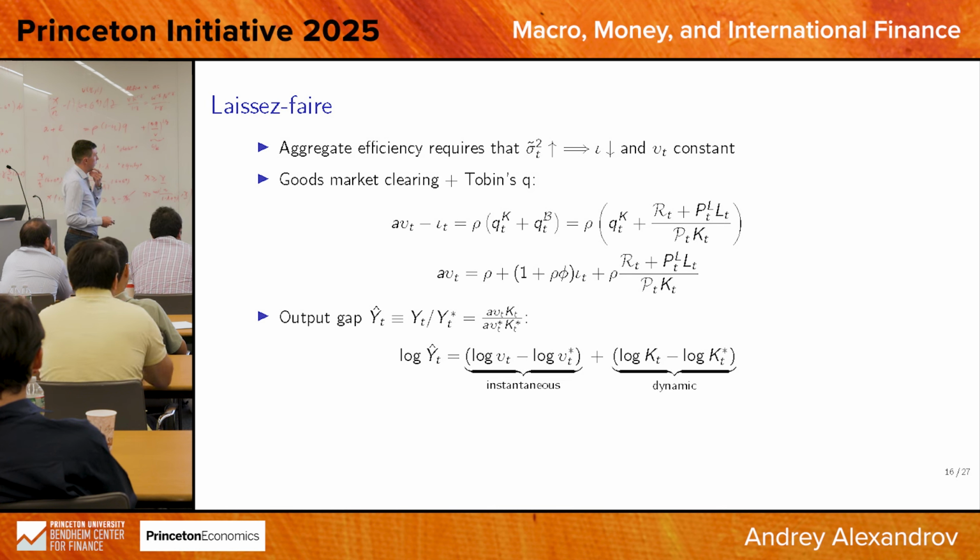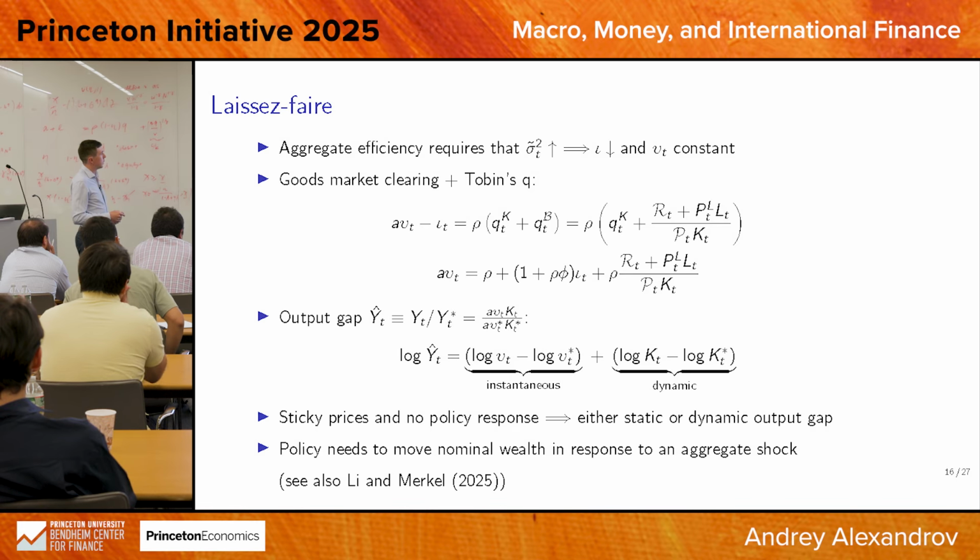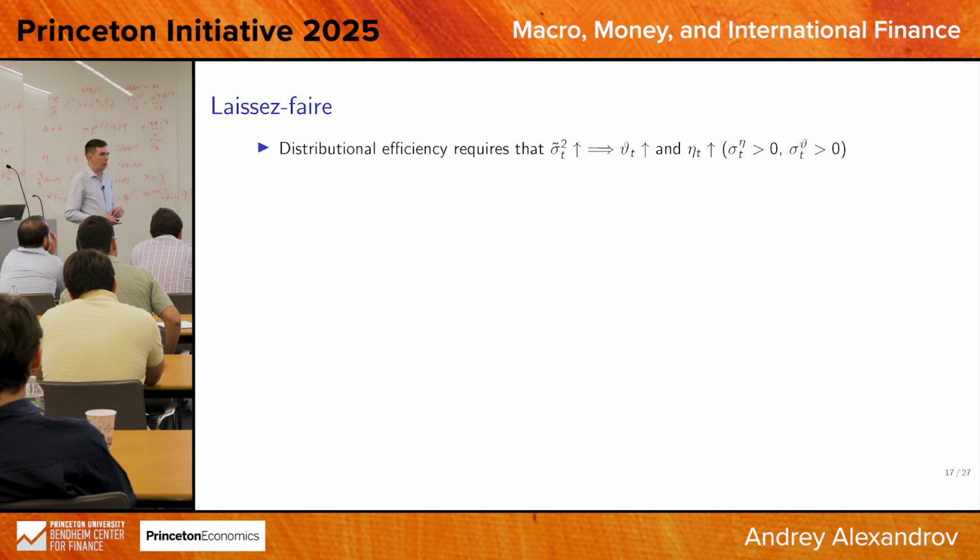And that's basically the same thing that I said in words, written out on the slide. And then what the policy needs to do, the hint that we get from here, is that if we want to achieve the efficient allocation, our policy needs to move this nominal wealth in response to a shock. It needs to move it up.